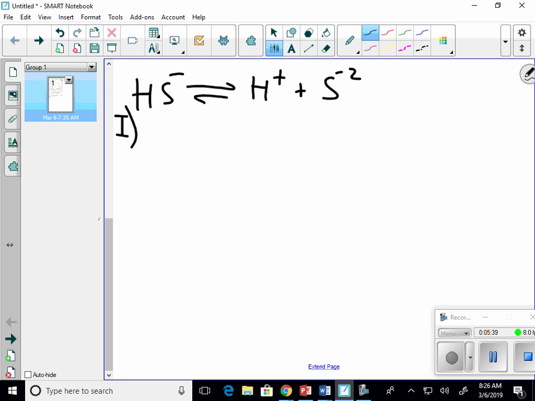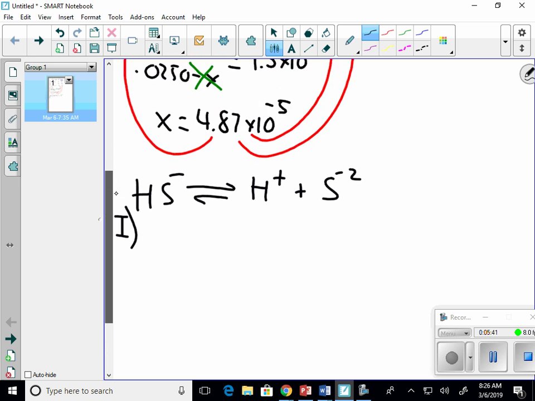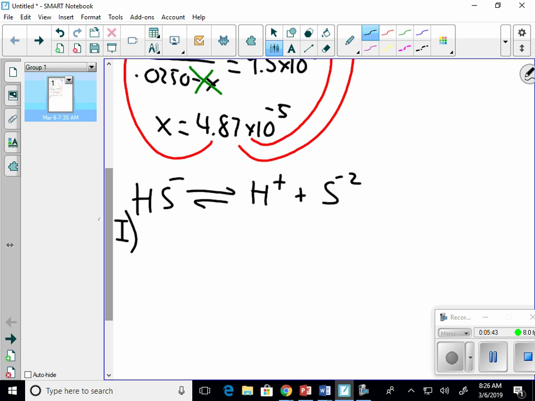Initial concentration of HS minus, that's that 4.87. Remember we solved for X and that was the X value. Initial concentration of the H plus, that's that 4.87. We already solved for that.